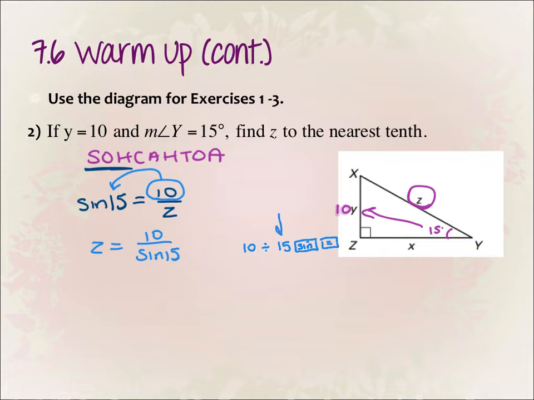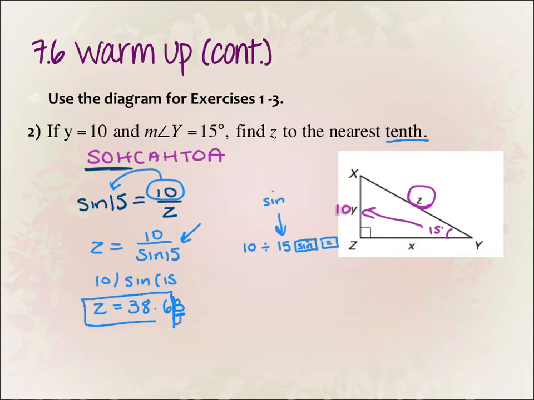So this is if it doesn't show sine when you hit the sine button. This is if it does: 10 divided by sine of 15, and I get that z equals 38.63. It says to round to the nearest tenth, so because that's 3, it's going to drop off and leave me with just 38.6.